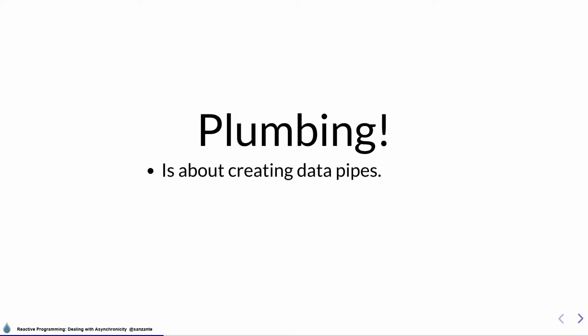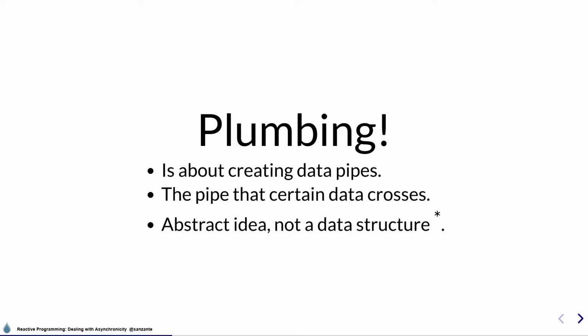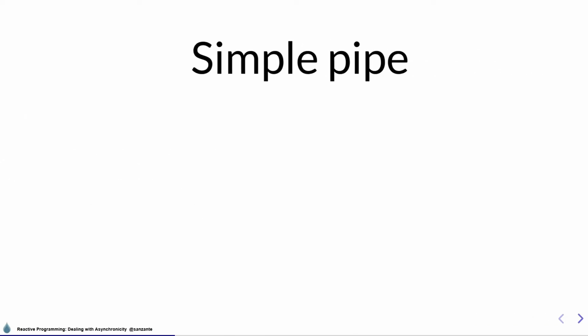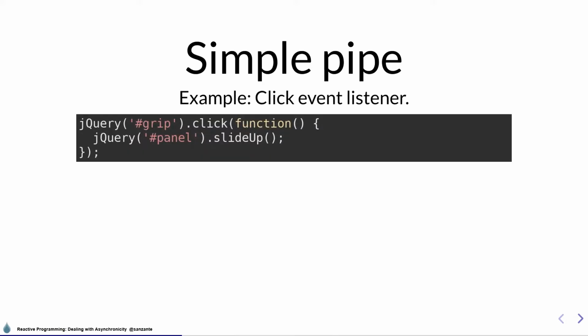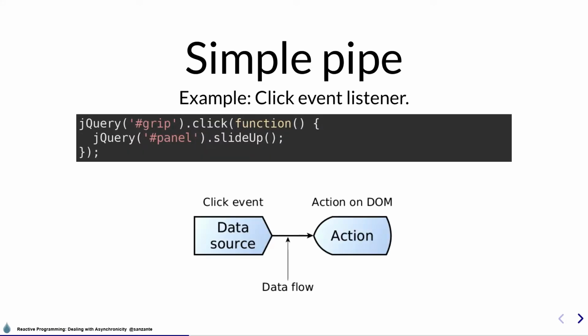Okay, so let's see this plumbing system, starting with the simplest element, which is a simple pipe. The simple pipe is just like an event listener, for example. It's just a data source and then a reaction to it.